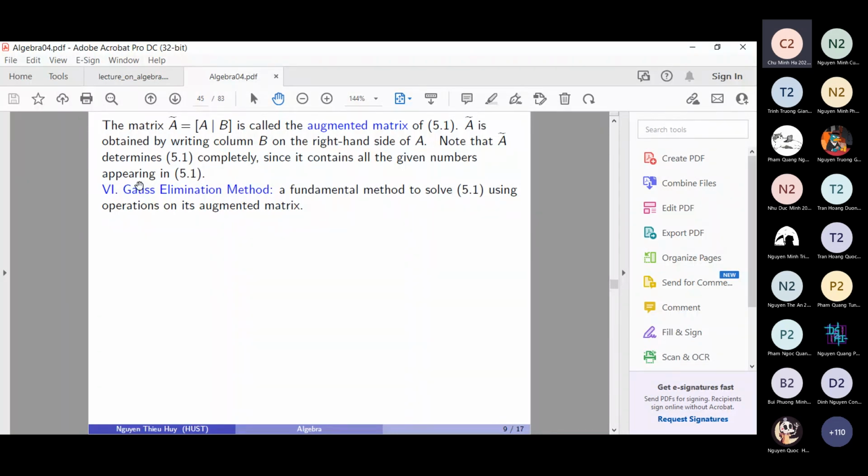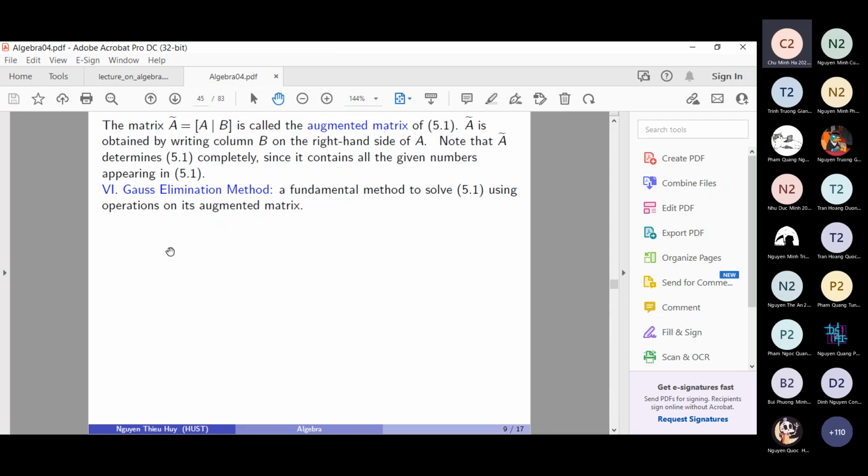You have to read it the German way, Gauss, no? The Gauss elimination method is a fundamental method that helps you to solve 5.1 just using operations on rows of the augmented matrix. But let's start with an example from an application in electric circuits.